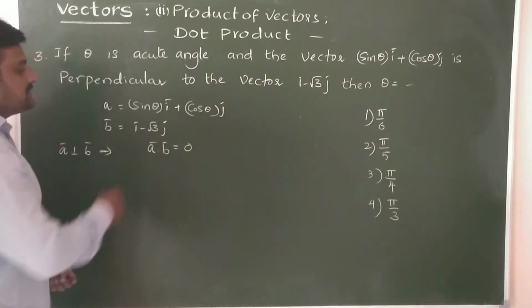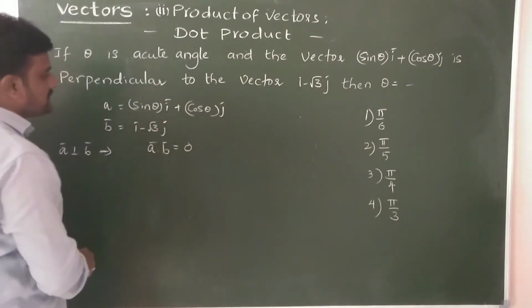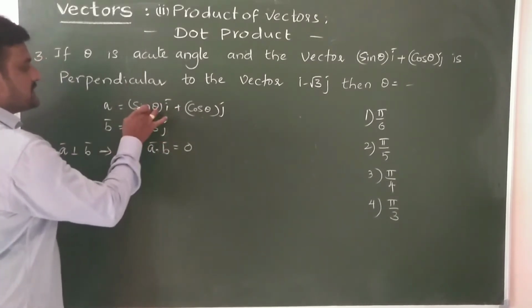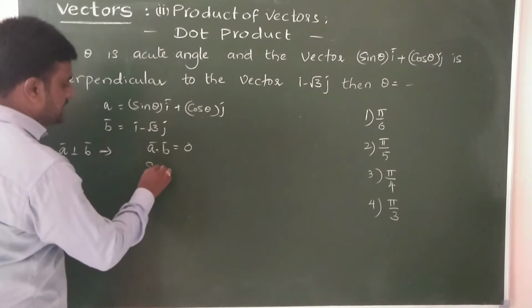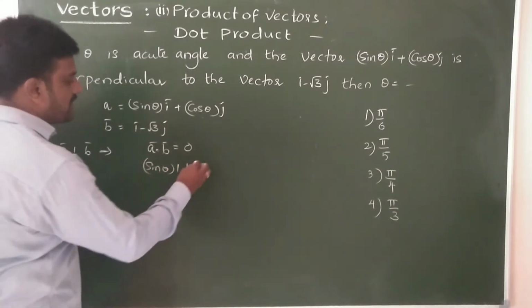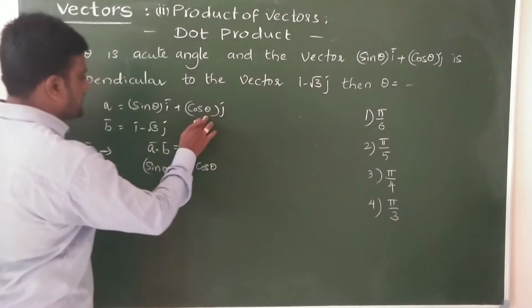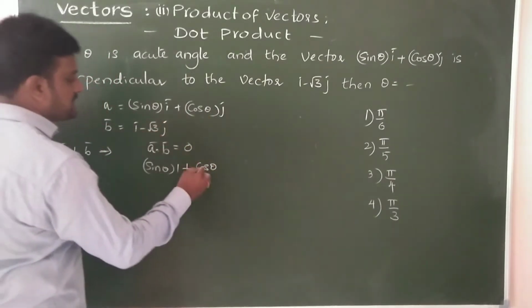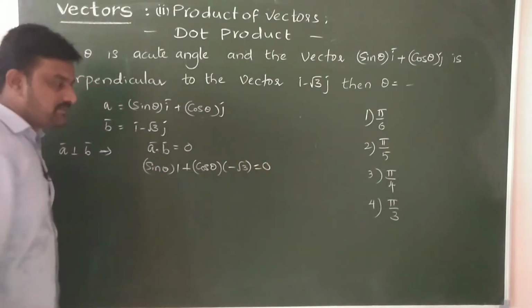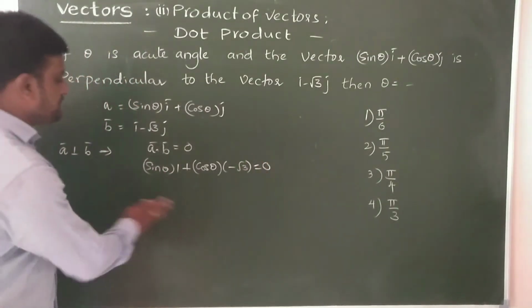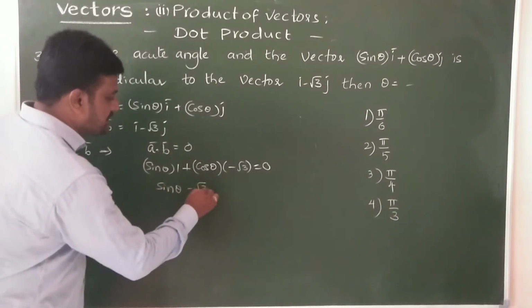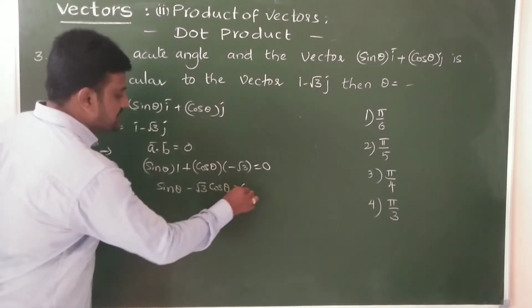Then the dot product of both: i coefficient into i coefficient, sin theta into 1, plus cos theta into the j coefficient, which is minus root 3, equals 0. Let's see the simplification. Sin theta minus root 3 cos theta equals 0.